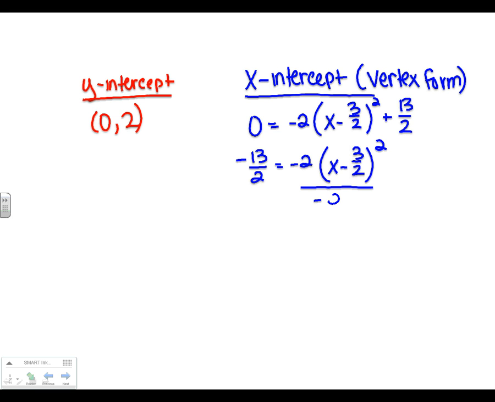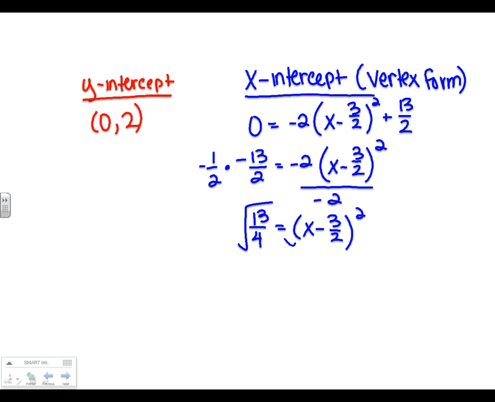Divide by negative 2. Since I have a fraction over here, dividing by negative 2 is the same thing as multiplying by the reciprocal. So I'm going to multiply the other side by negative 1/2. So I have 13 over 4 is equal to x minus 3 halves squared.